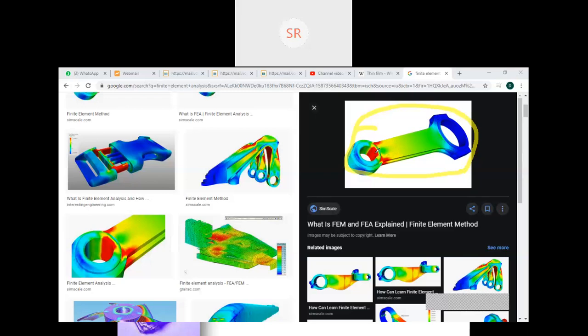That means when I fit this part into the automobile system, it is subjected to more stress. As a result, during the long run of operation, the red part may break.